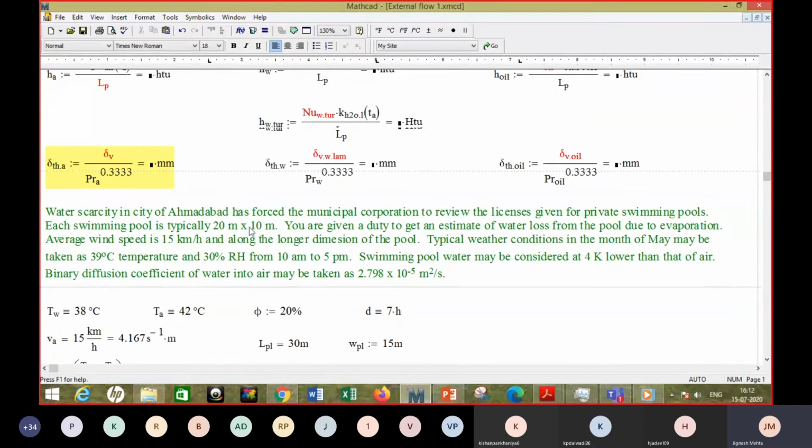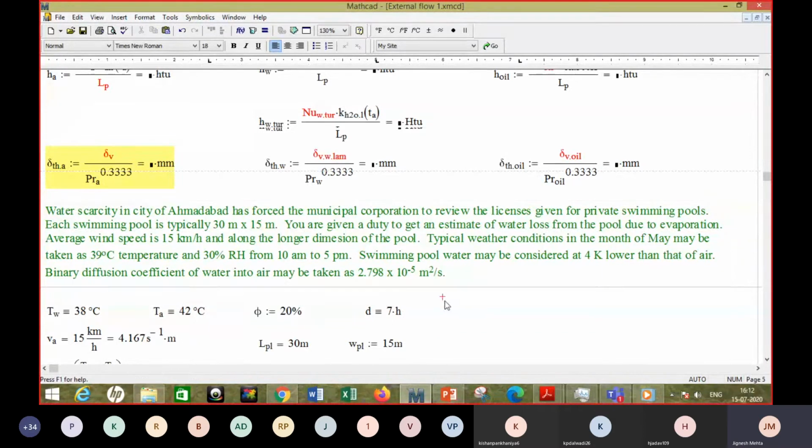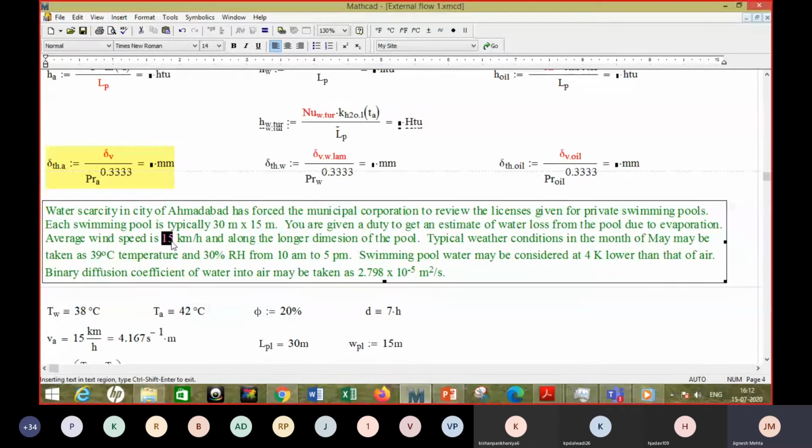You have a swimming pool of certain dimensions, 30 meters by 15 meters, and the wind is flowing at a velocity of 15 kilometer per hour.